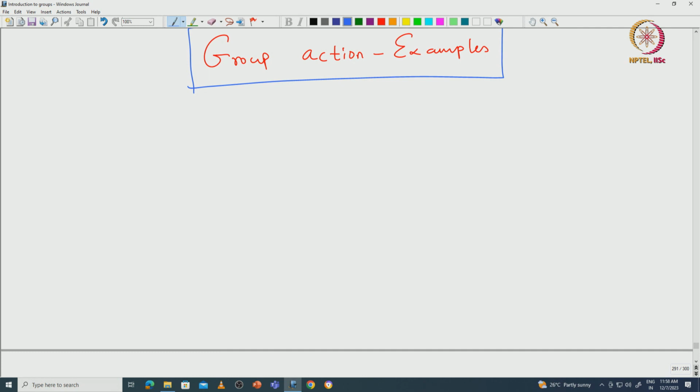Okay. So, what is the meaning of a group G acting on this set X? Again we take the set to be non-empty. So, recall, this is the recap.